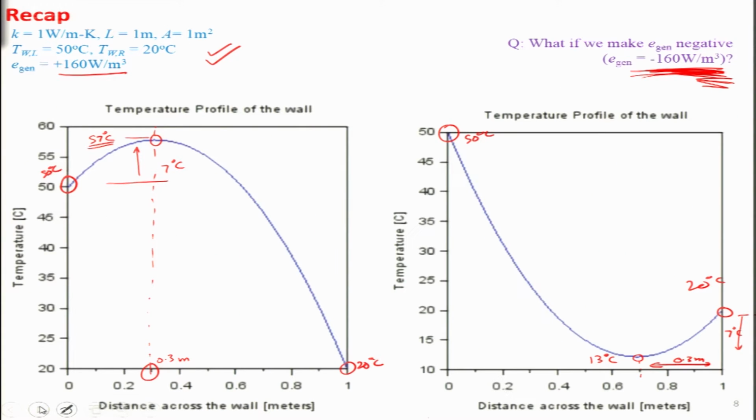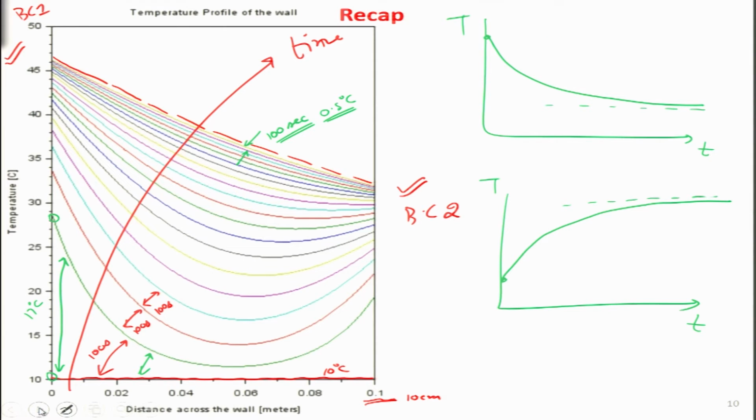We also saw the results for non-symmetrical boundary conditions. Here the profile remains parabolic, but it is no longer symmetrical. So we saw very interesting results, and this is the recap that we did. We also saw the temperature profile for the transient case.